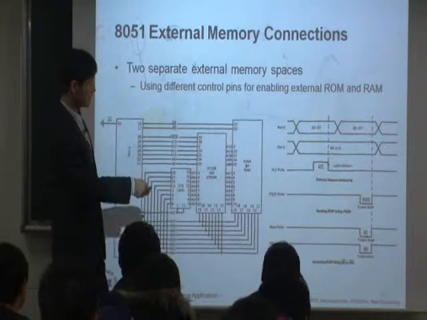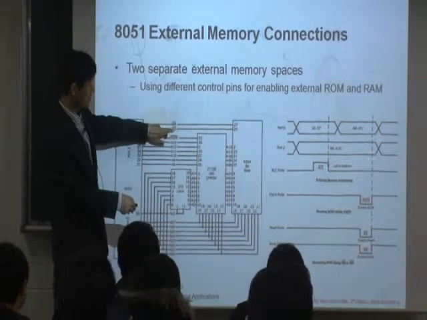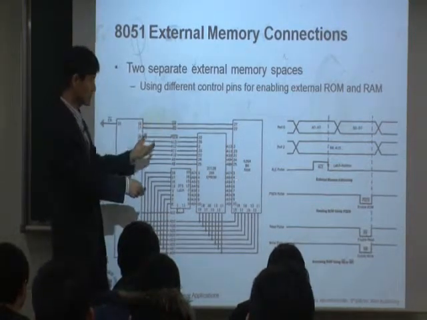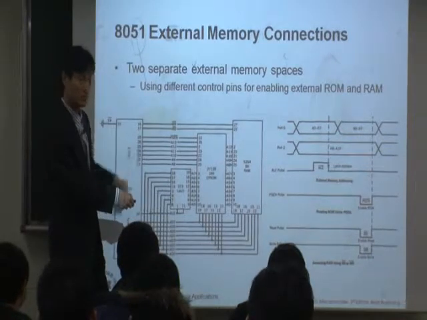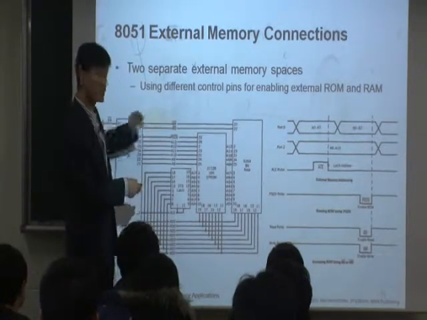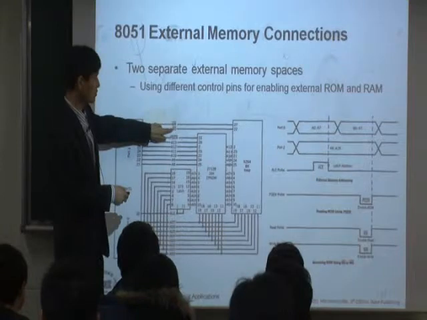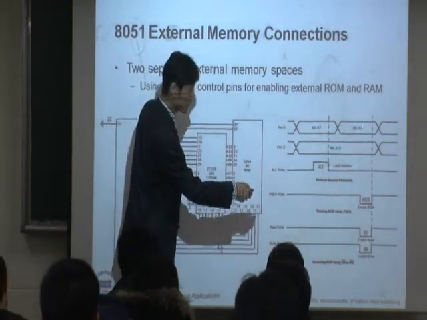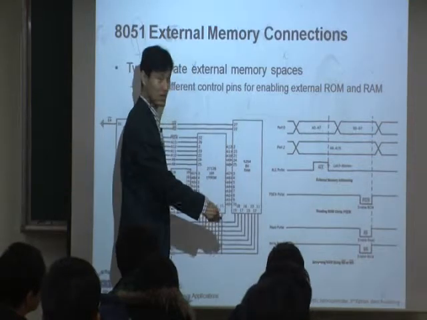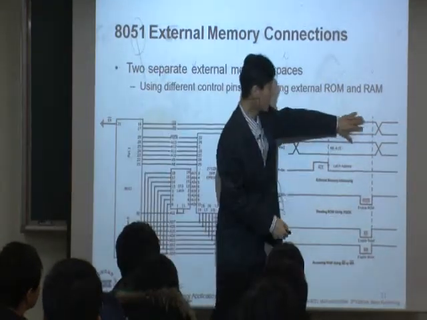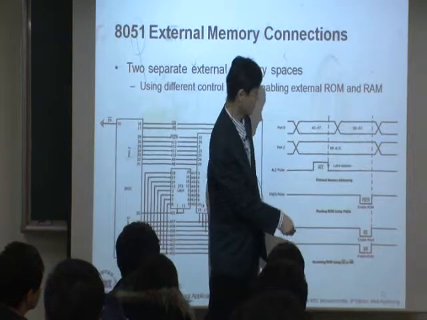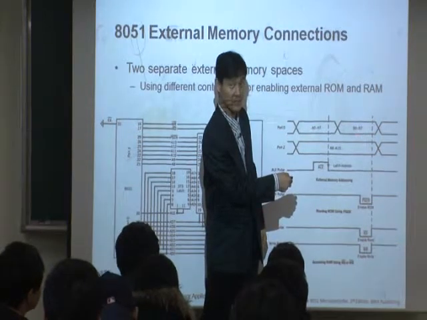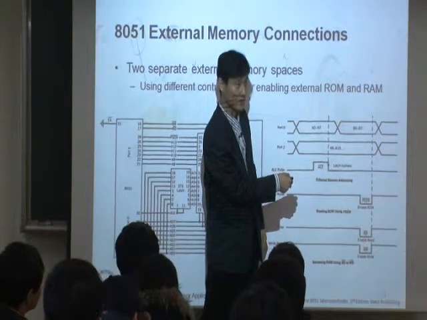If you want to read from RAM, you make read low. If you want to write some value, you make write low. That's what you see here. But you need to make sure that you read or write at the right time. You should not do it here, because data is going into this at this time.